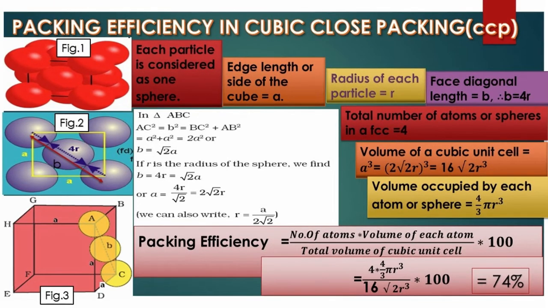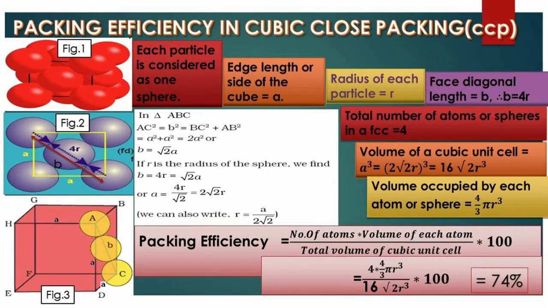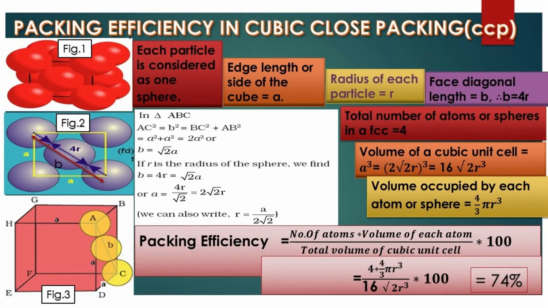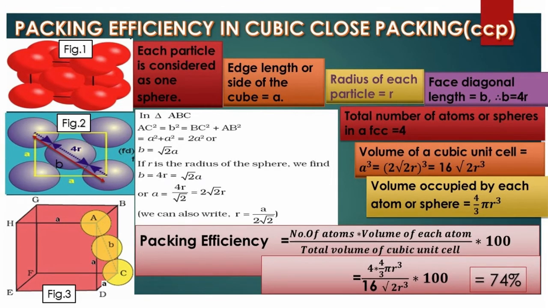In triangle ABC, AC² will be equal to BC² plus AB². AC² is nothing but b². So b² will be equal to a² plus a².